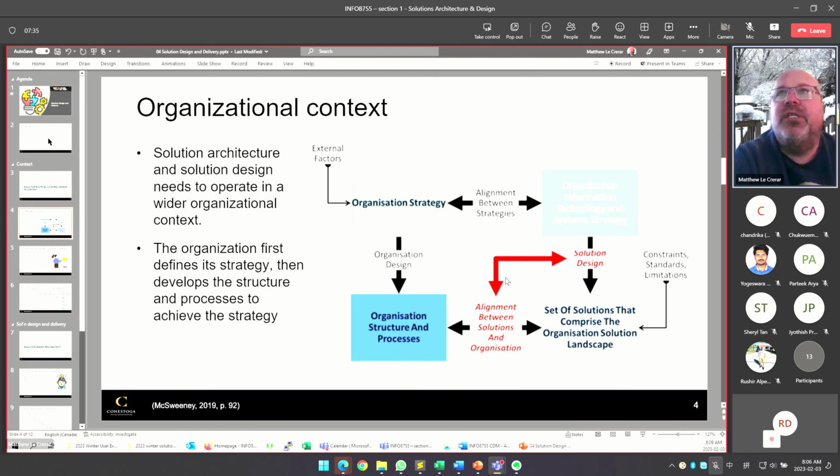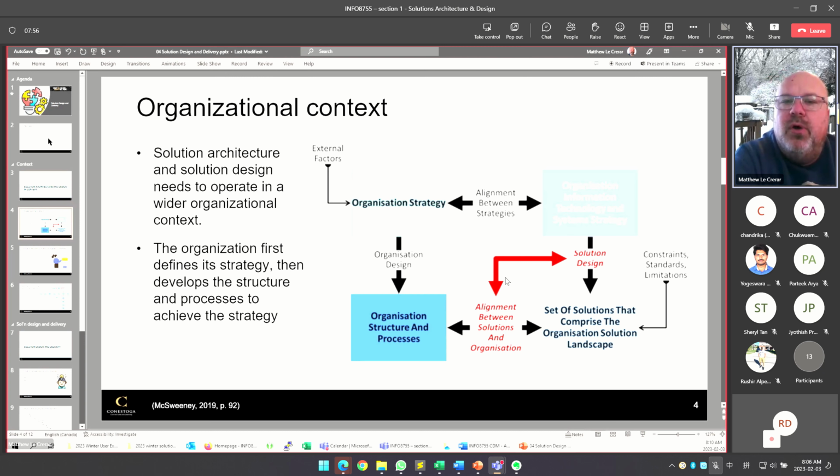So if you look at slide number 4, your organizational context consists of solution architecture and solution design needs to operate within a wider organizational context. So solution architects do operate within the business realm, and they are advisors to the business on how to leverage technology.